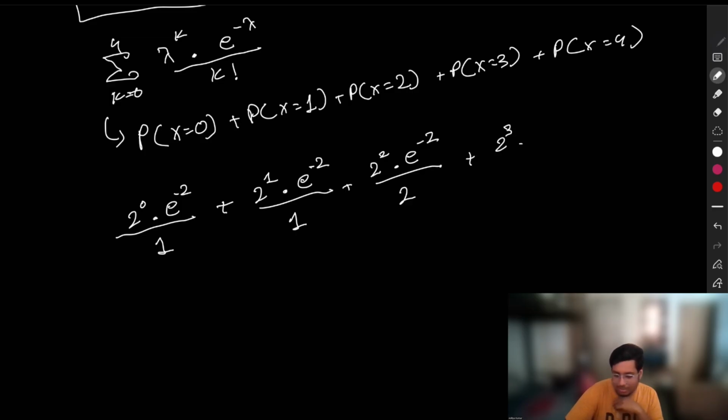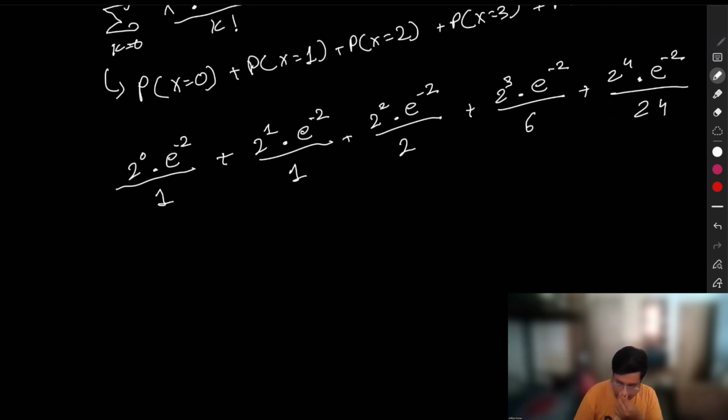Plus 2 raised to the power 3 multiplied by e raised to the power minus 2 upon 3 factorial, which is 6. Similarly, 2 raised to the power 4 multiplied by e raised to the power minus 2 upon 4 factorial, which is 24. Now let's do the calculation, the tedious part here.